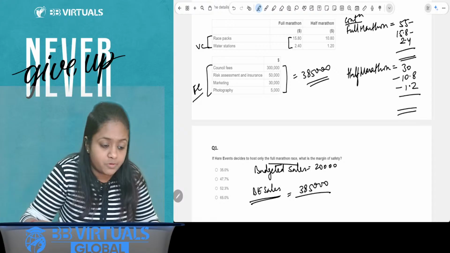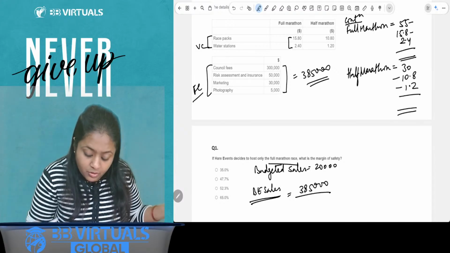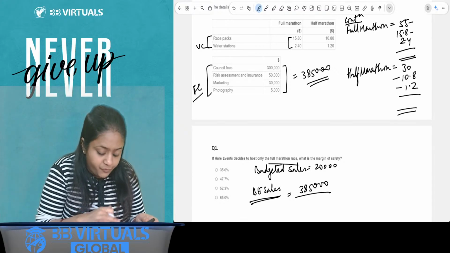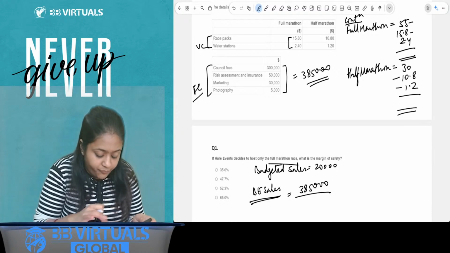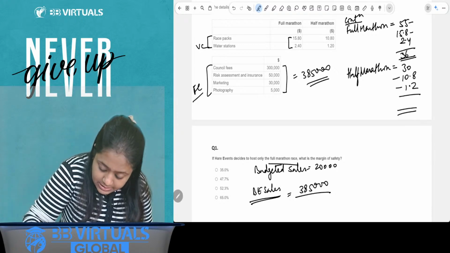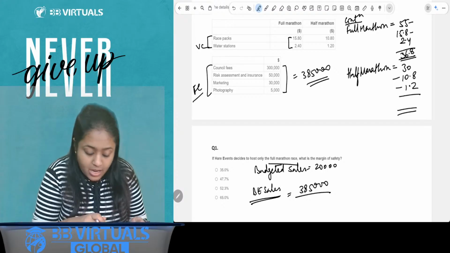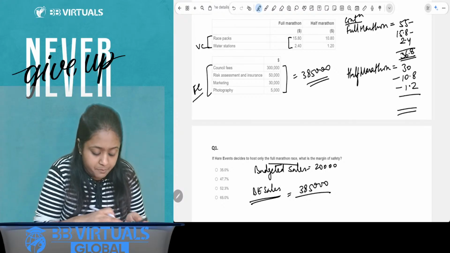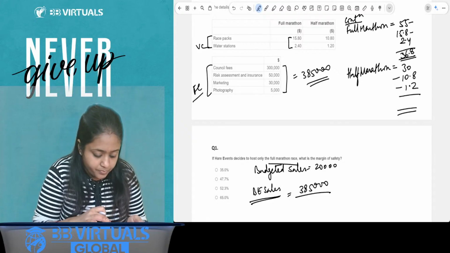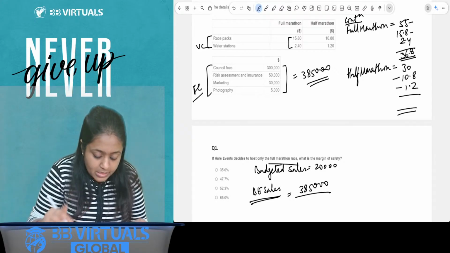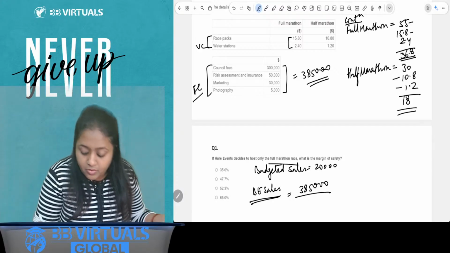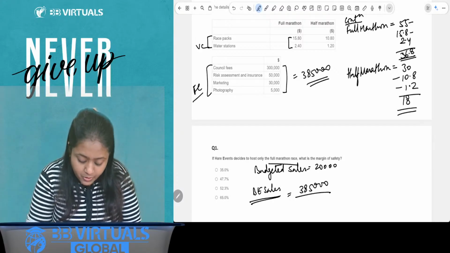So what is the contribution for the full marathon? 55 minus 15.8 minus 2.4. We get 36.8. And for the half marathon, 30 minus 10.8 minus 1.2, that is 18. Okay, so 18 and 36.8.